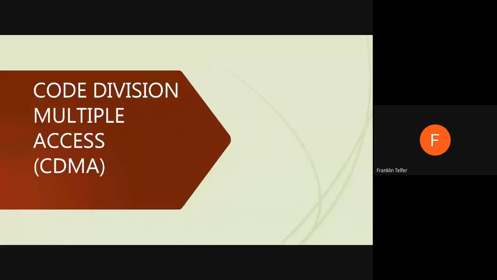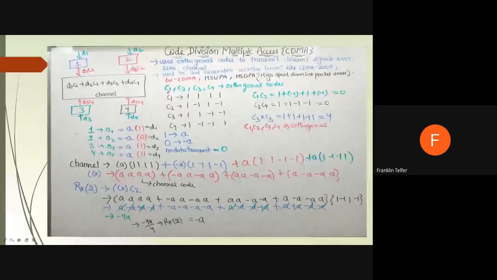Code division multiple access. Let us take a channel, using spread spectrum, and see CDMA. Here you have a sequence of code. It's a channel, and you have four users. The four users give inputs D1, D2, D3, D4.